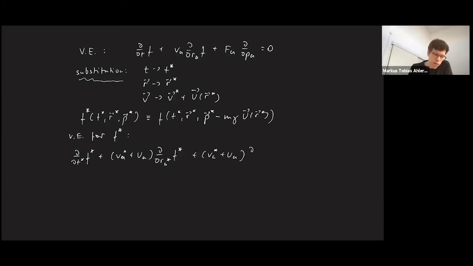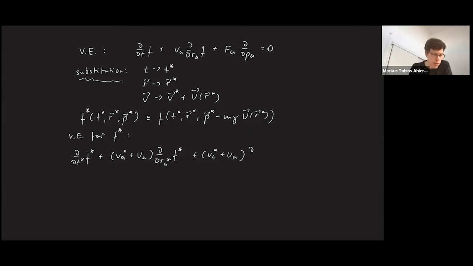And here I have now the derivative of the new phase-space distribution F star with respect to the new coordinate R_A star, acting on the definition of the new momentum, which has this explicit dependence on location.